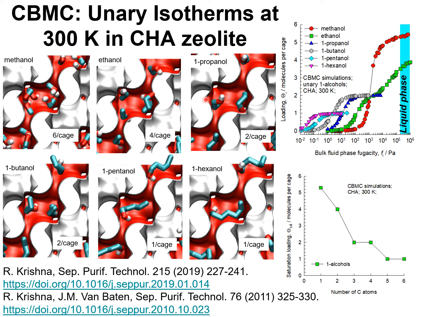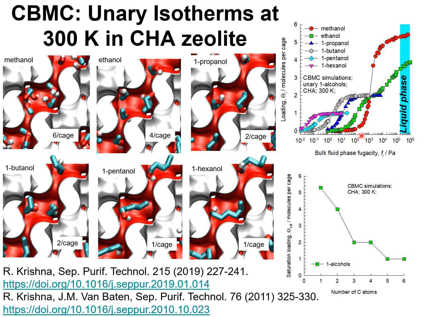With increasing chain length, the binding strength of these 1-alcohols increases. In other words, the binding strength of ethanol is greater than the binding strength of methanol, and that is reflected in the fact that with increasing chain length, the isotherms move to the left.